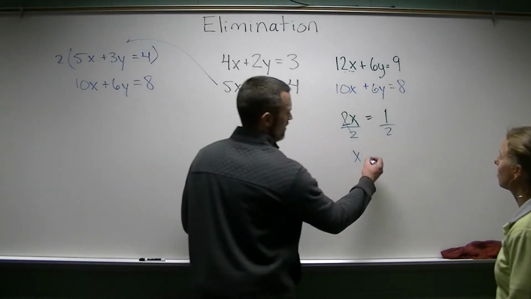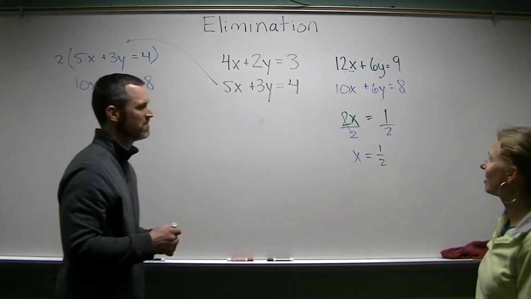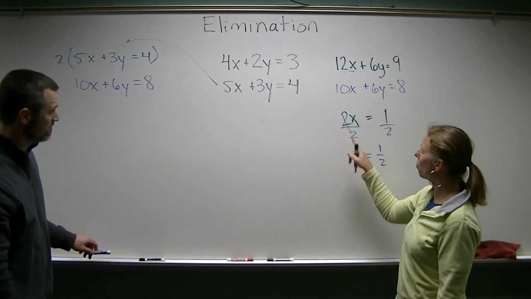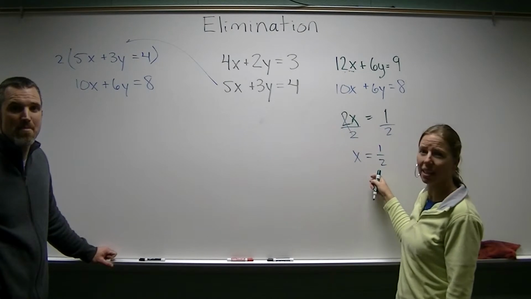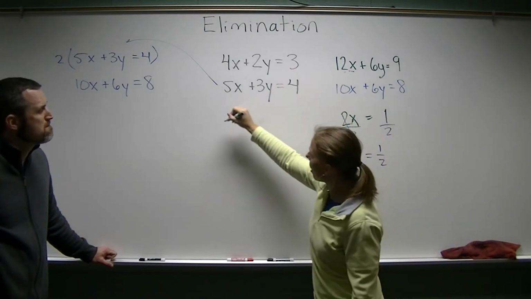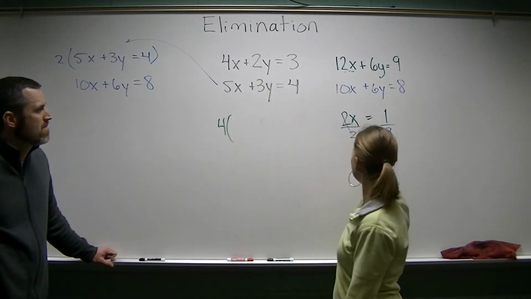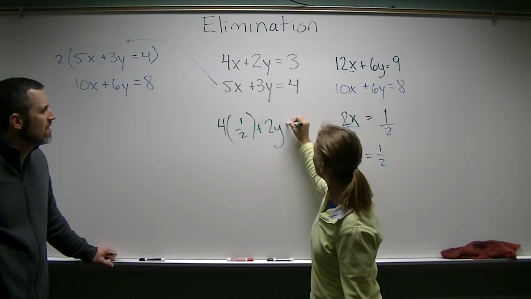All right, so let's stretch your minds a little bit. Let's say 1/2. Remember, this is where these two linear equations meet. We need a y-coordinate though. Here's our x-coordinate. Let's take this top one, and instead of x, we now know our x value is 1/2. We still have 2y equals 3.